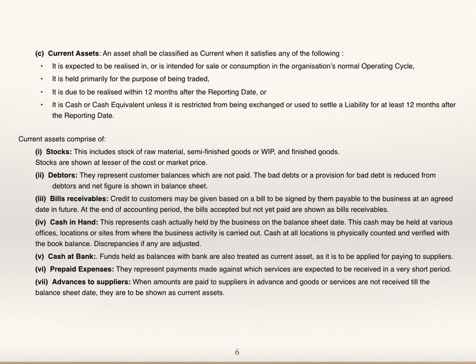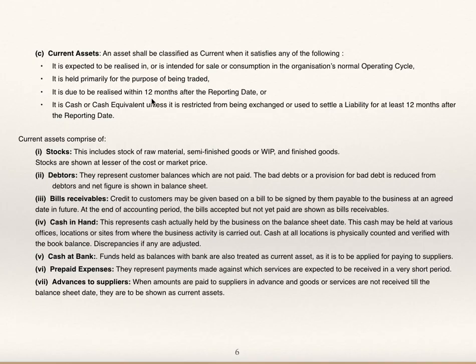Now the next item on the assets side is current assets. An asset shall be classified as current when it satisfies any of the following. It is expected to be realized in, or is intended for sale or consumption in, the organization's normal operating cycle. It is held primarily for the purpose of being traded.